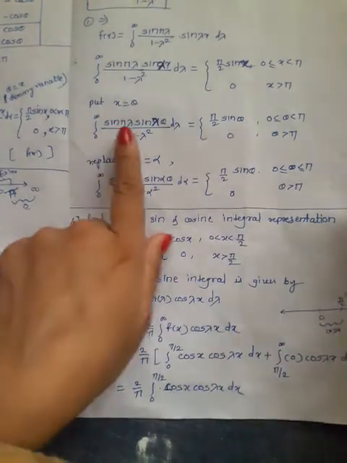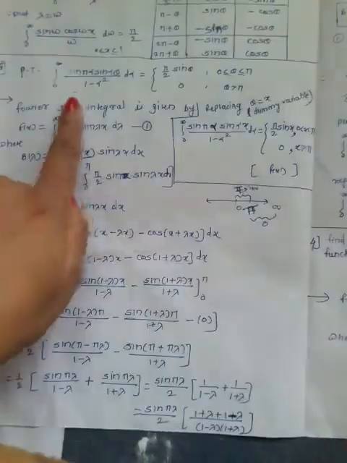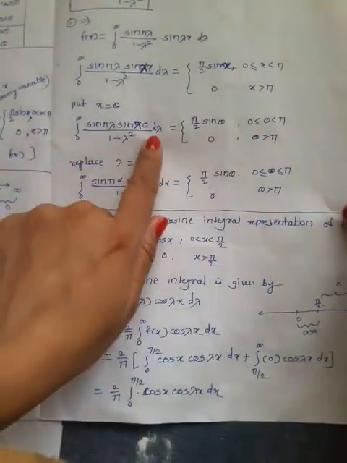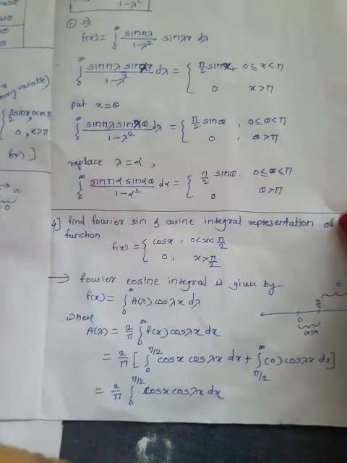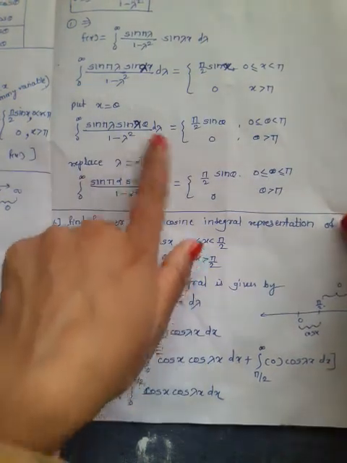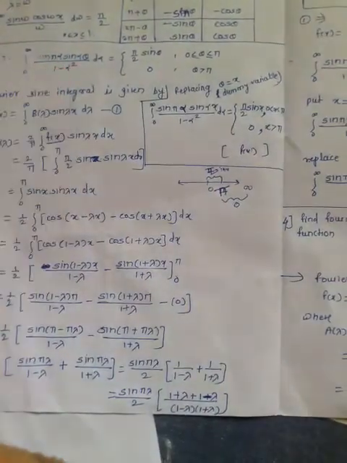If you compare this example with that example, only the dummy variable is different: here alpha and here lambda. That's why I replace lambda with alpha again to get our original question. Everywhere we get this answer. This is our integral. Now consider the next example.